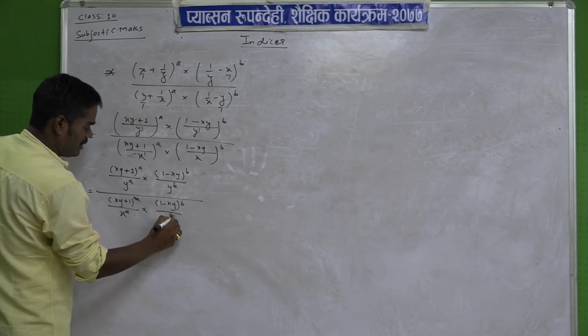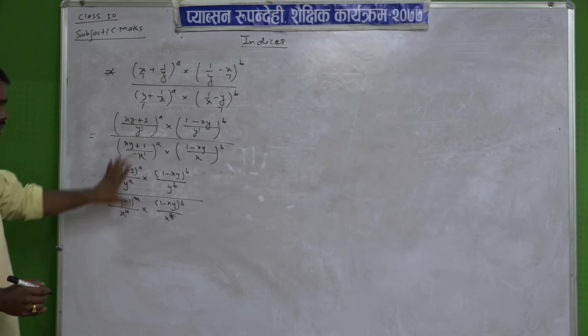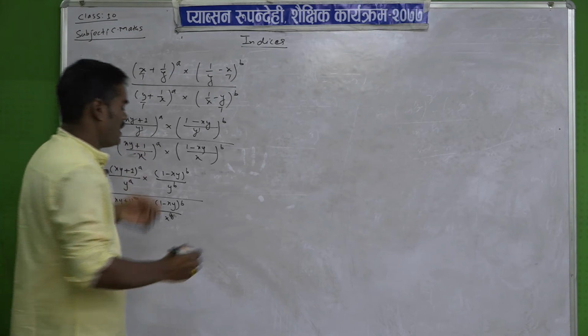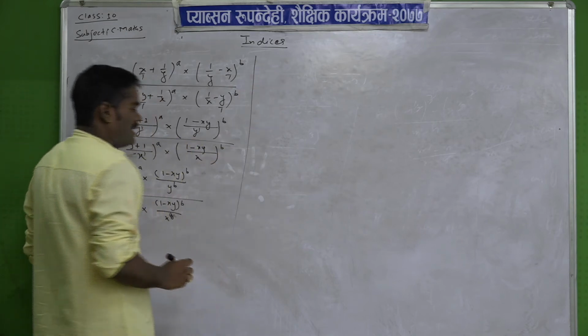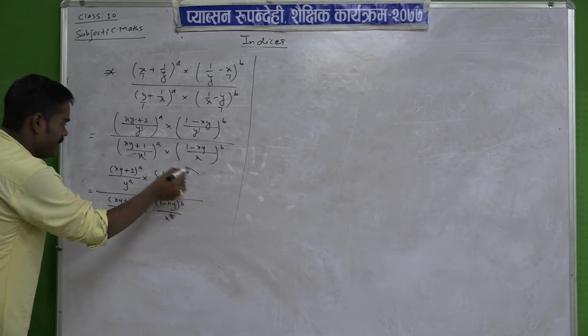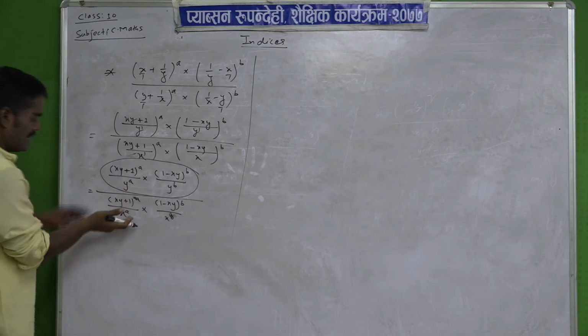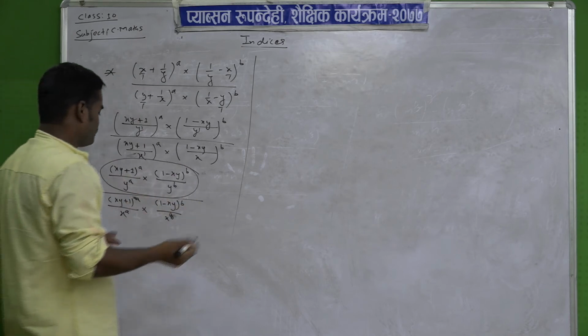Now, they are in divide form. So, let us change into multiply form. While changing to multiply form, the first part will remain the same and the second will become its reciprocal.